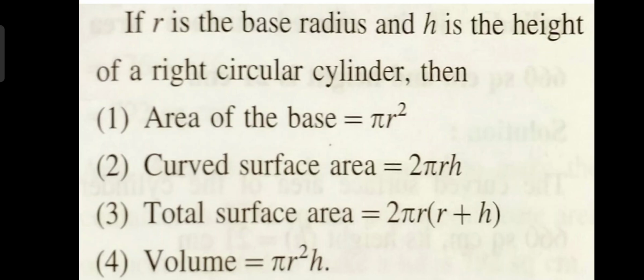Curved surface area of the circular cylinder is equal to 2 pi r h. Total surface area of the circular cylinder is equal to 2 pi r (r + h), and the volume of the circular cylinder is equal to pi r square h.